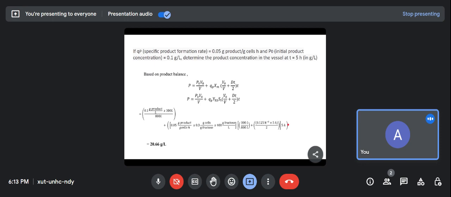So once you calculate this, you will get an answer of 20.66 gram per liter. Okay, so that is the product concentration in the vessel at time equals to 5 hours.